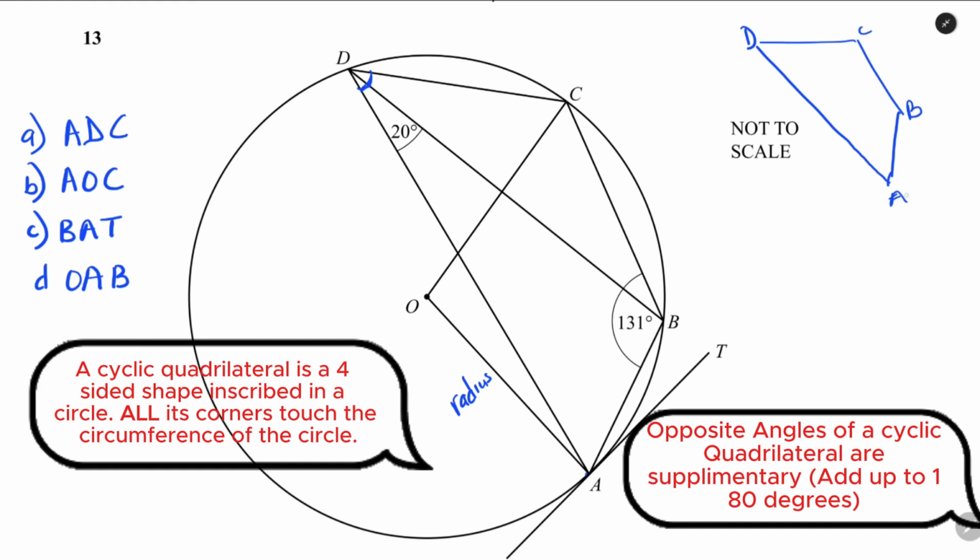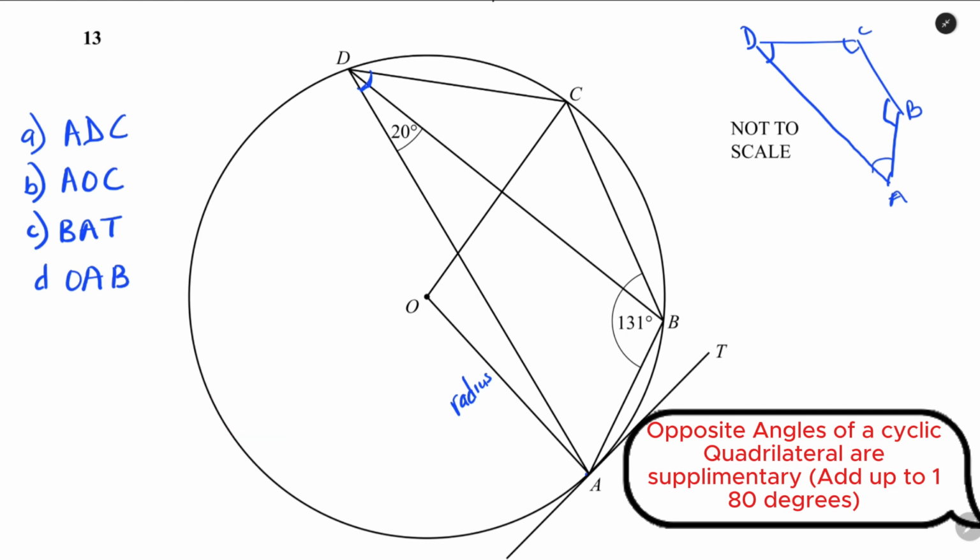So to our brief sketch here, the angle at A is opposite to the angle at C, so they should add up to 180. In the same vein, the angle at B is opposite to the angle at D, so they should add up to what? 180. Now, take a look at this. The angle at B is 131. So the angle at D should be supplementary to it, like we said here.